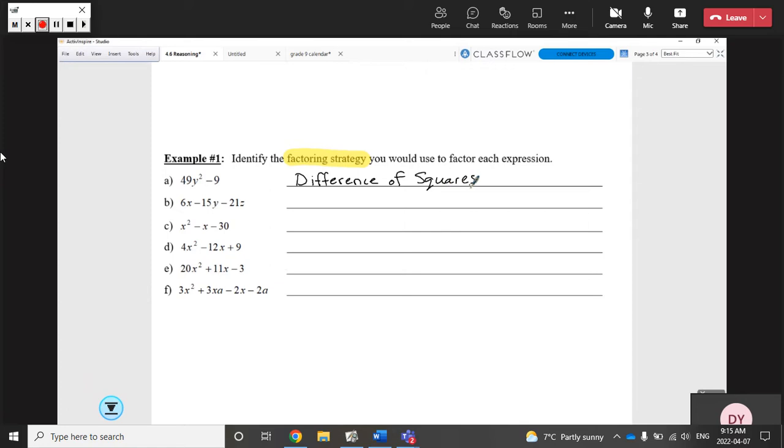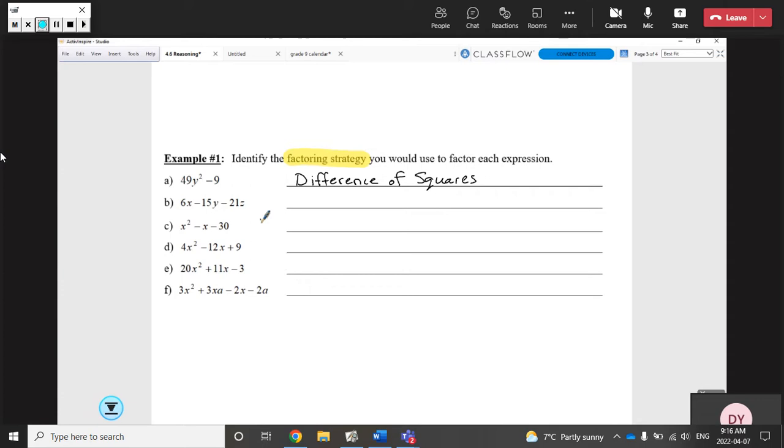Absolutely. Because it's only 2 terms, your spidey sense should have kicked in: okay, difference of squares, here we go. Is it? And you confirm it. You say, okay, subtraction sign, lovely, square terms, and you're ready.